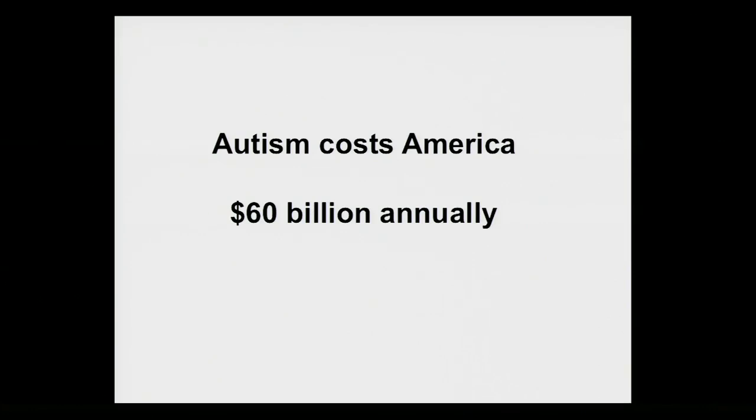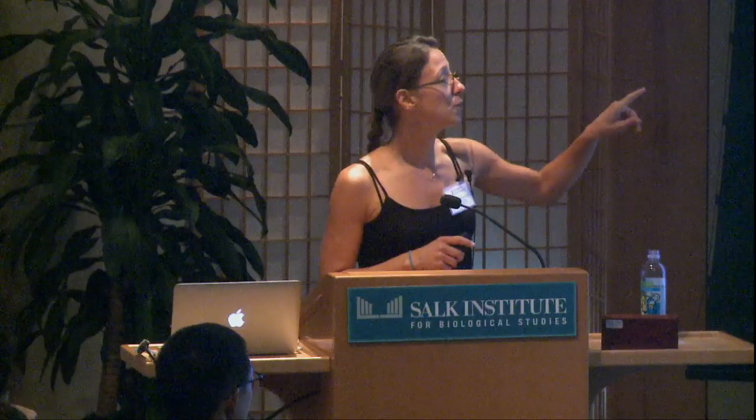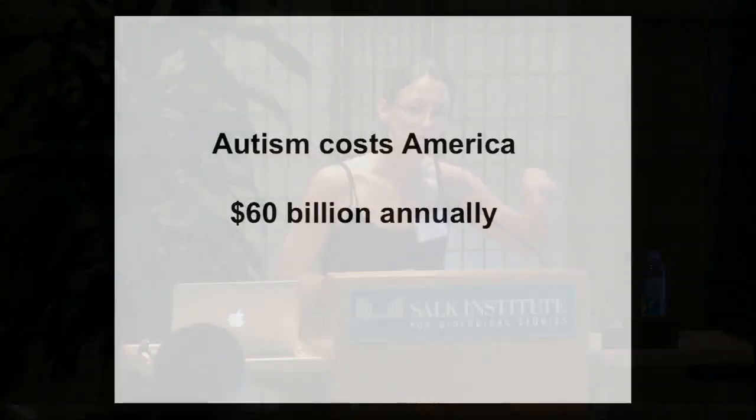The Autism Society of America has proposed that we could reduce this cost by two thirds if we invested more in awareness, in diagnosis, and in therapies.